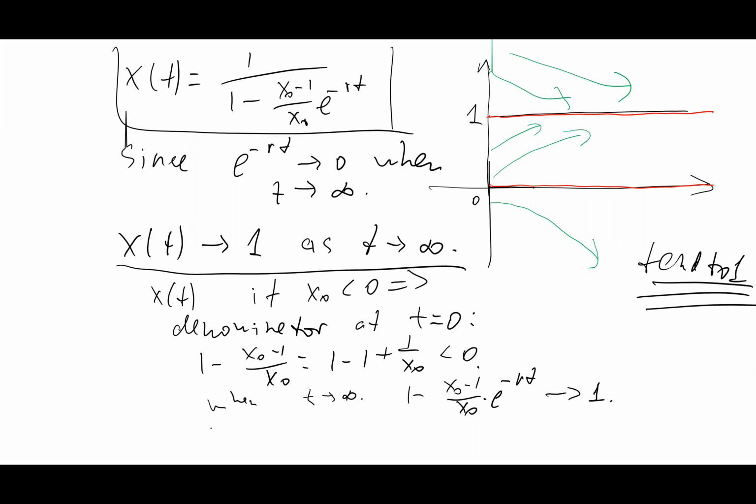We can find that at a certain time, 1 minus (x naught minus 1 over x naught) e to the power of minus rt equals 0.